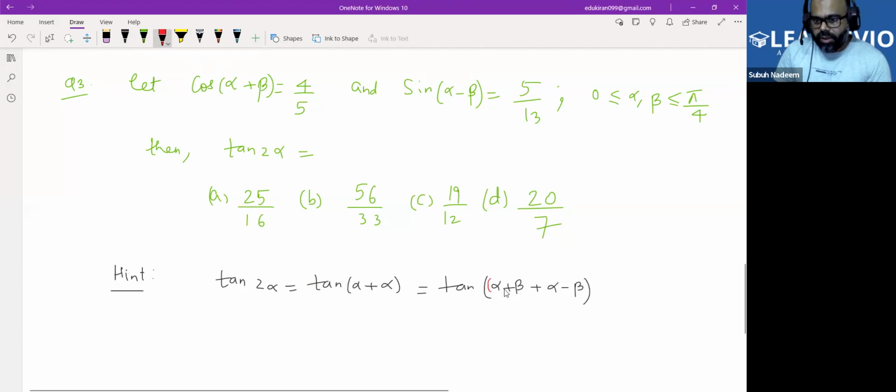So you have alpha plus beta and alpha minus beta. So 2 alpha can be written as alpha plus beta plus alpha minus beta. Now you can apply the formula of tan A plus B. This whole thing is capital A and this whole thing is capital B. Just think then onwards.